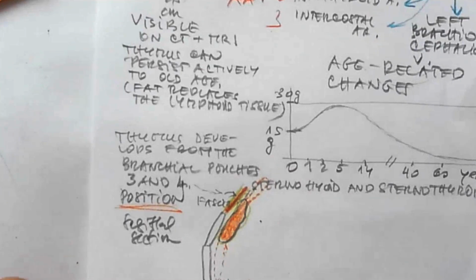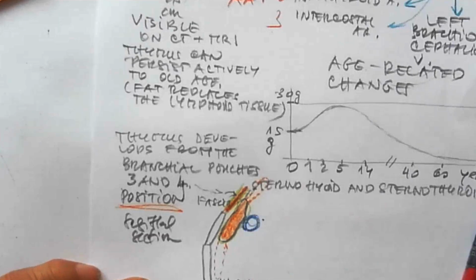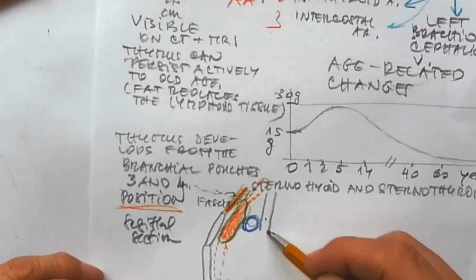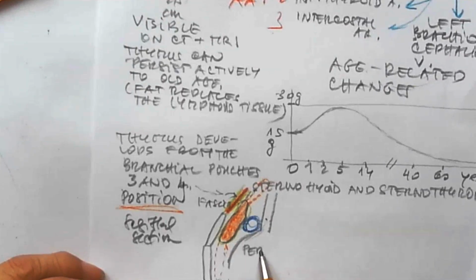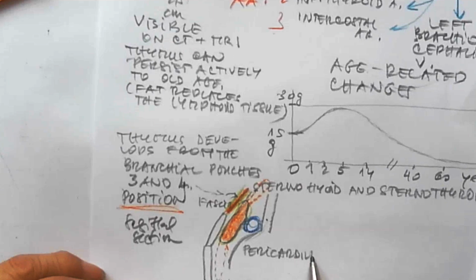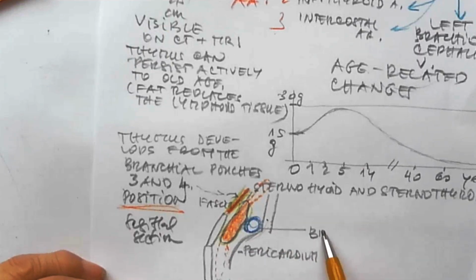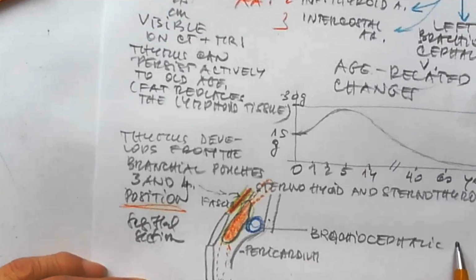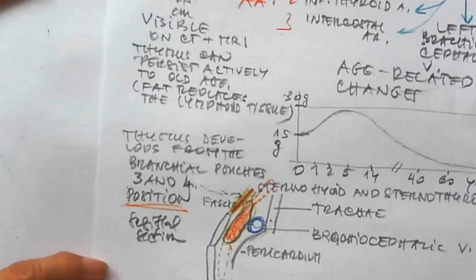Then behind that lies the brachiocephalic vein, also the trachea, and also the anterior part of the pericardium, especially in children. The pericardium could be in direct contact because it's longer. So here we have the pericardium, here the brachiocephalic vein, and here is the trachea.